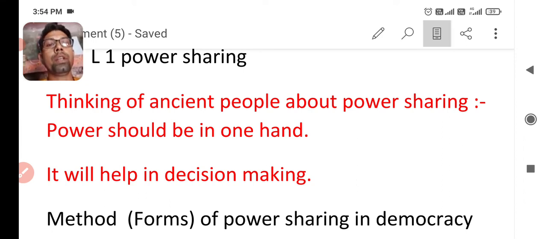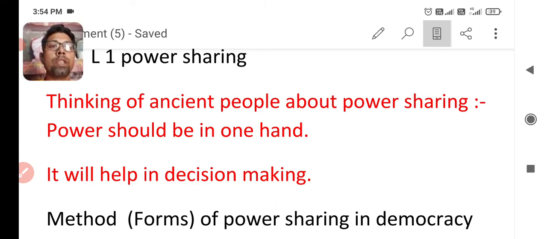It will help in decision making, because if the power is distributed among different people, it will take more and more time to take a decision. It means there will be delay in decision. So that's why the ancient people thought that power should be in one hand. It is the most important question of the lesson for 3 marks, and I think you got the point.